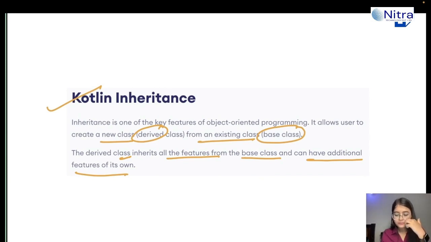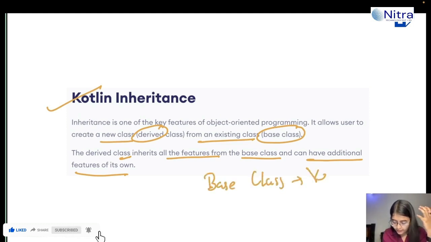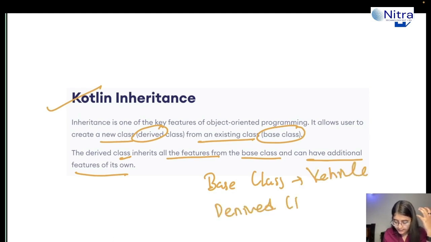If the base class is your vehicle, you can have multiple derived classes that inherit stuff from the vehicle class, like car, bus, truck, etc. All these are vehicles, right? So these can be classes which will be derived classes of the base class, the parent class.